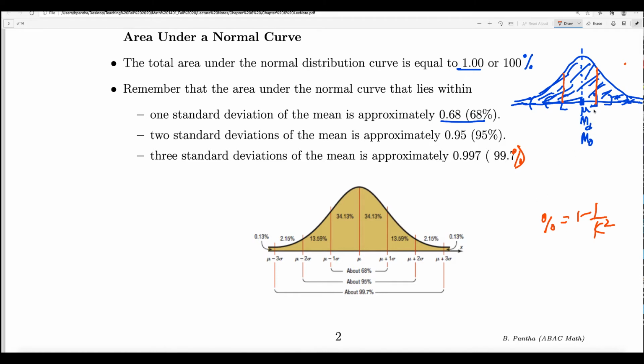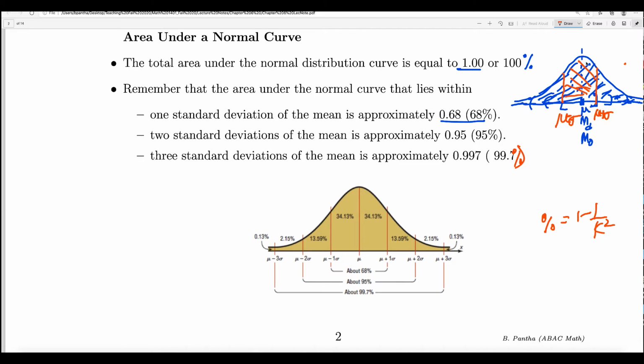How do you find 1 standard deviation? It is mu plus sigma and mu minus sigma. Mu plus sigma is 1 standard deviation bigger than mu, and mu minus sigma is 1 standard deviation smaller than mu. So this is within 1 standard deviation.